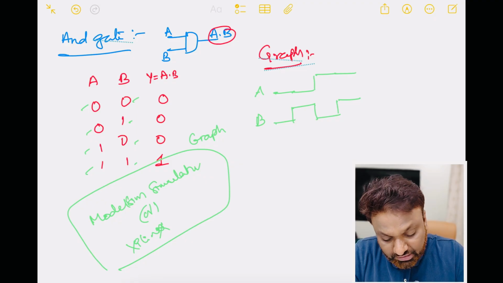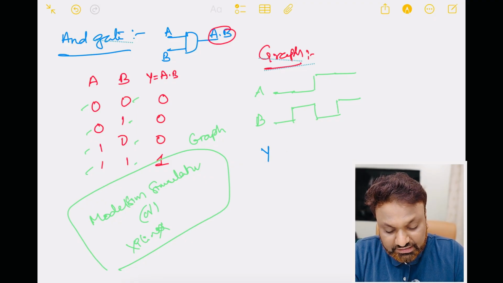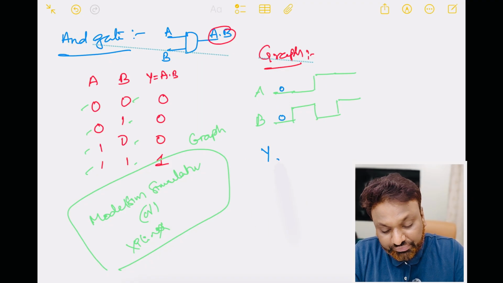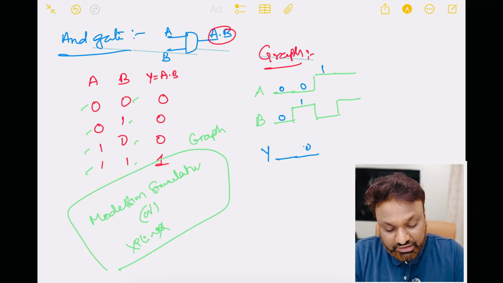You see here, what is my output? Output Y is equal to the multiplication of the inputs. 0 into 0 is 0. This is 0, 1: 0 into 1 is 0. 1, 0: again I get a 0 output.